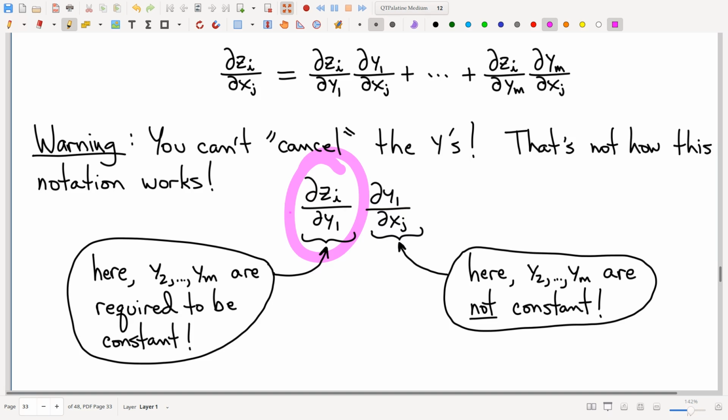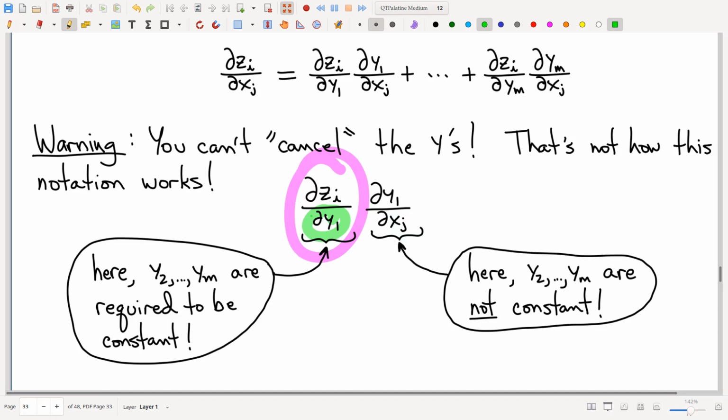So in particular, it looks like a fraction, doesn't it? When you have a fraction, you would expect that that's a fraction of well-defined objects. It's not. Very importantly, it's not. This thing right here, partial y1, is not by itself a well-defined thing.